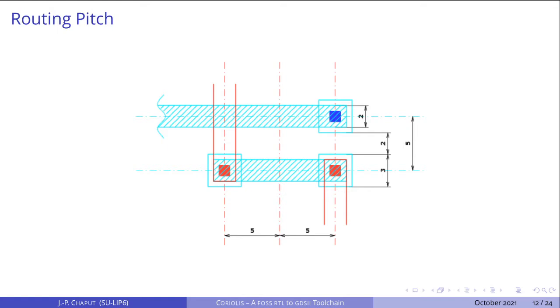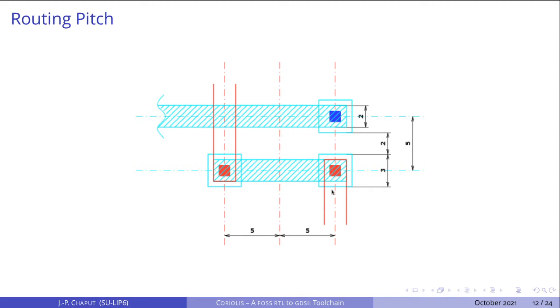The routing tracks are regularly spaced. The router must be able to put a via at any point in the track without generating any DRC violation. To ensure that, we compute the minimal distance of two tracks for which this condition is always verified.